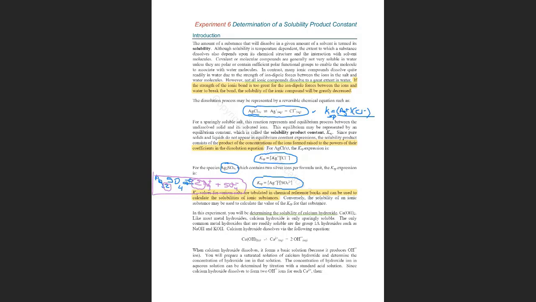Okay, so in this experiment, we will determine the solubility of calcium hydroxide. What are we going to do? We are going to prepare a saturated solution of calcium hydroxide and determine the concentration of hydroxide ions, because we are going to do another titration.